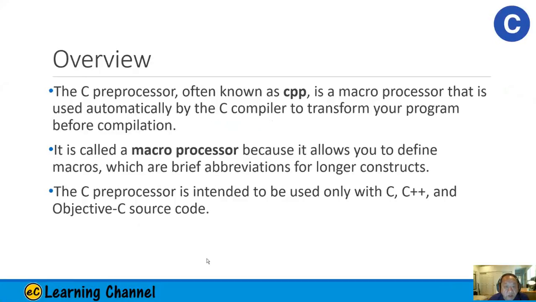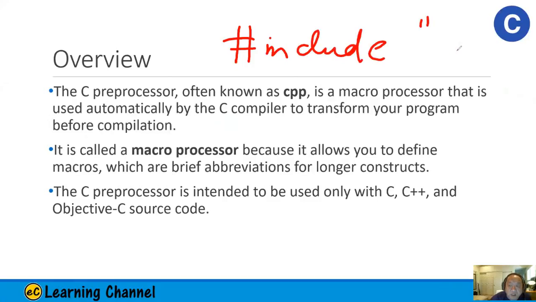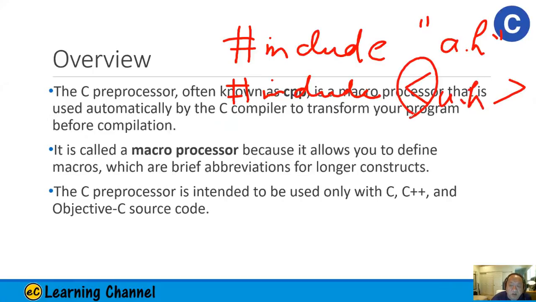What does this mean? As I showed you last time, you have the include, right? And then you have something like a.h, or you have the include using angle brackets and a.h. So when you use angle brackets, where will you get the library file? Remember that? Where will you get the .h file?